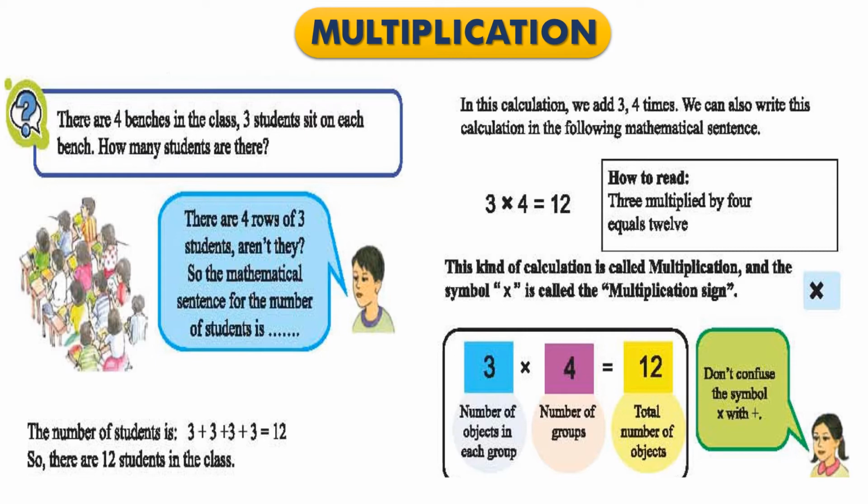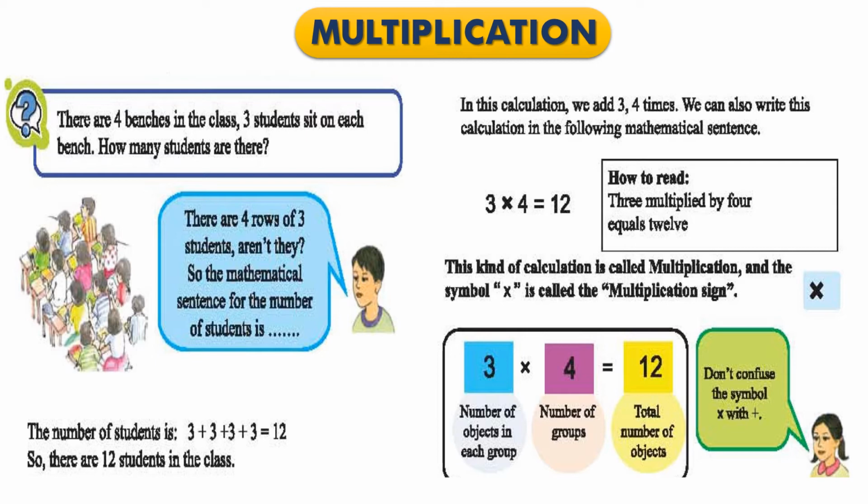Well, here what we have learned is that the number of students, that means 3, is known as the number of objects in each group. That means 3 is the number of objects in each group, and 4 shows the number of groups. If you look into the picture, you can see that the number of objects means the number of students. The number of students on each bench is 3.